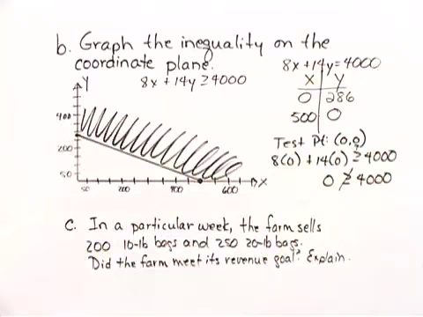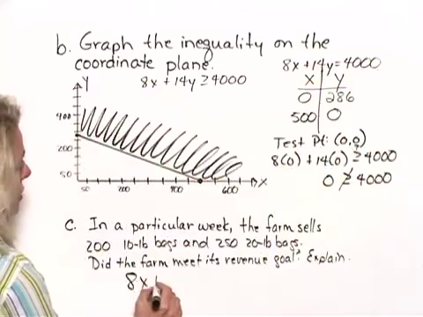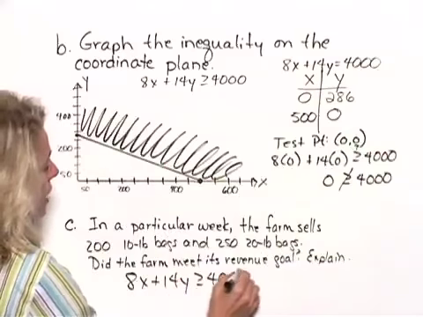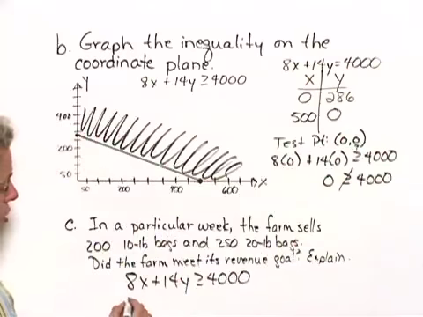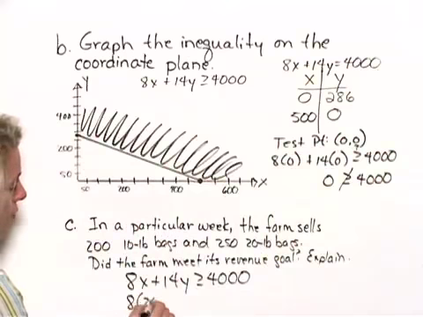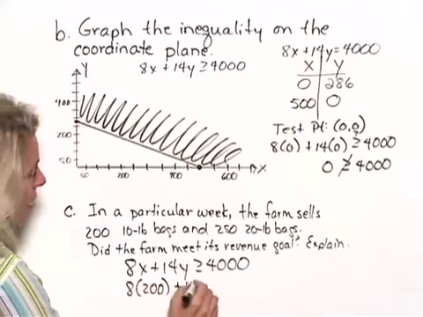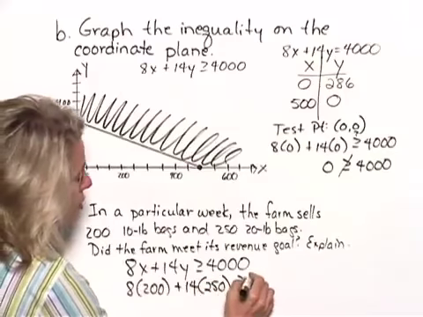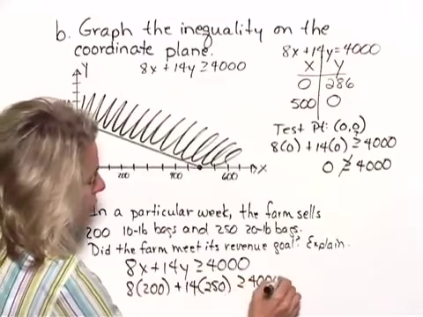Part C. In a particular week, the farm sells 200 10-pound bags and 250 20-pound bags. Did the farm meet its revenue goal? Explain. So we're going to take our inequality 8x plus 14y is greater than or equal to 4,000, and plug in 200 for x and 250 for y, to determine whether that's greater than or equal to 4,000.